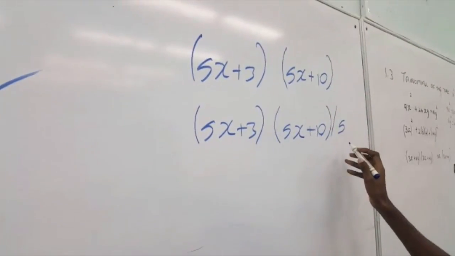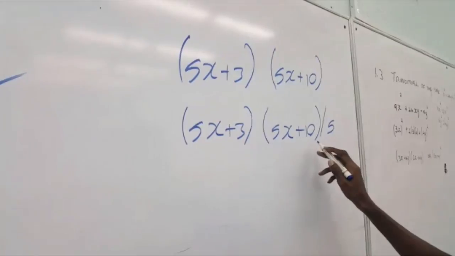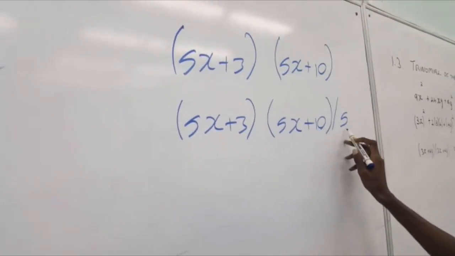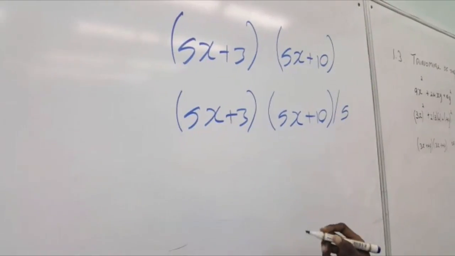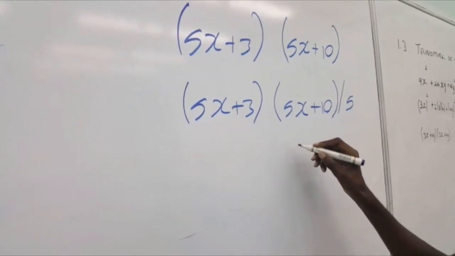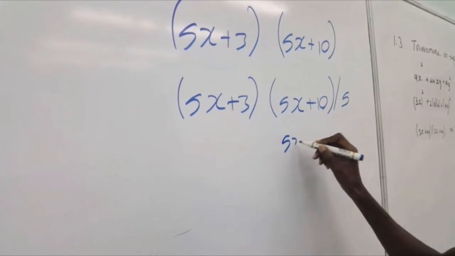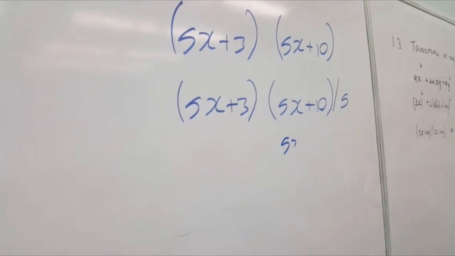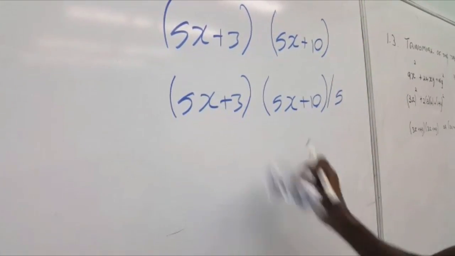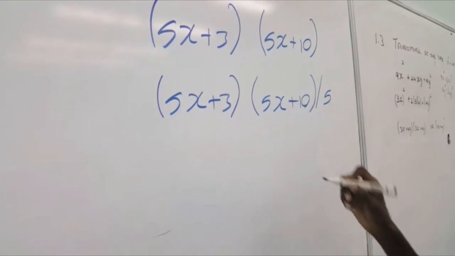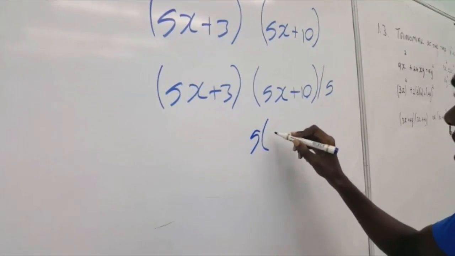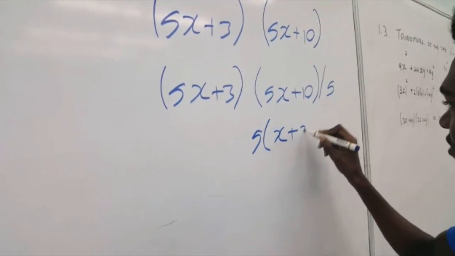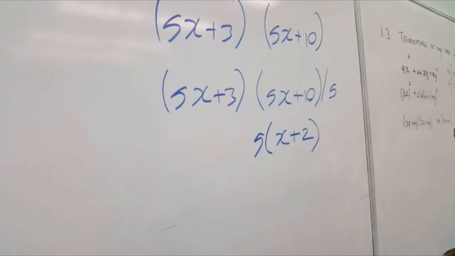But note that 5x plus 10 can be factorized by 5. So we now factorize it and we will get 5 and x plus 2.